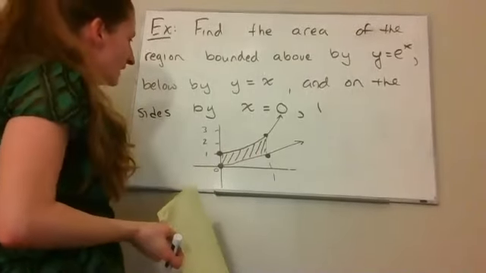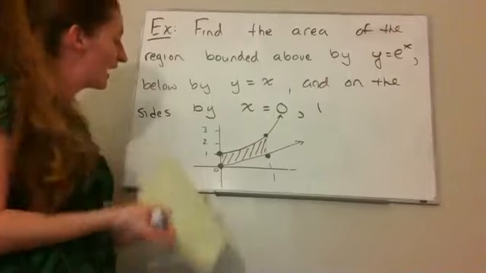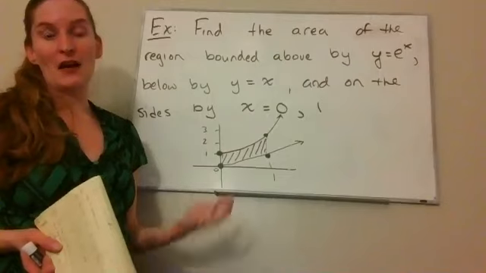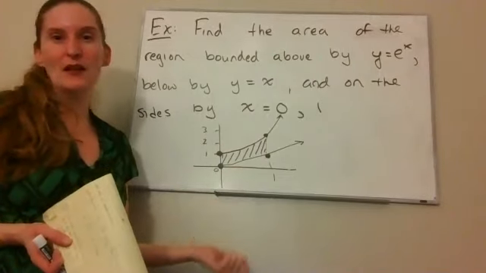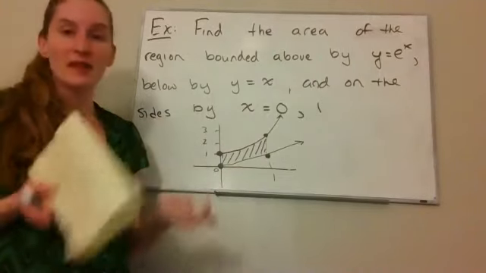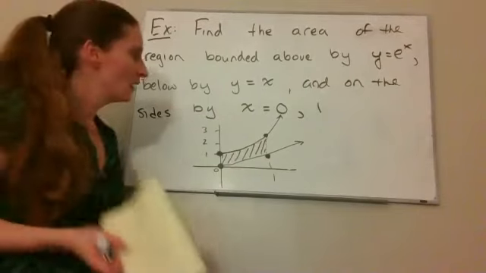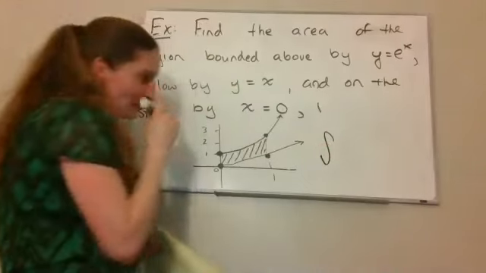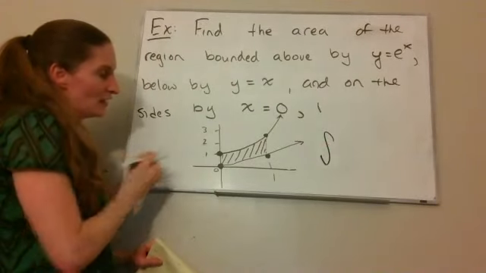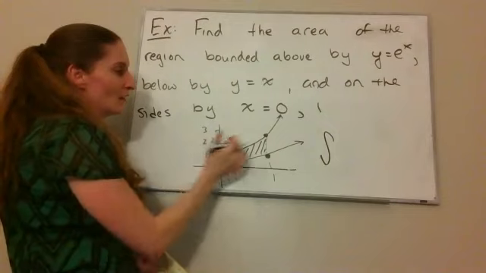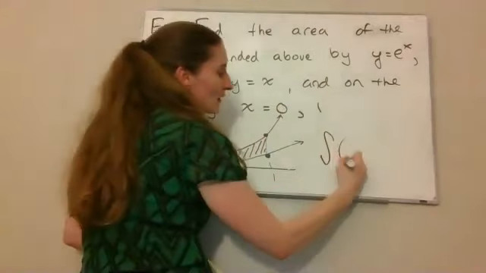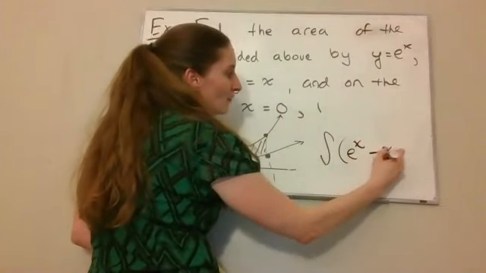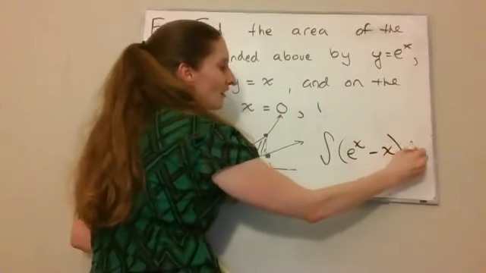All right, so we need to set up our integral to figure out the area between these two curves. In order to set that up, we need to figure out which function is f in the formula, which is g, and what the bounds of integration are. Well, we know that it's supposed to be the top function minus the bottom function. And the top function in my picture is the e to the x function. So I have my top function minus my bottom function: e to the x minus x.